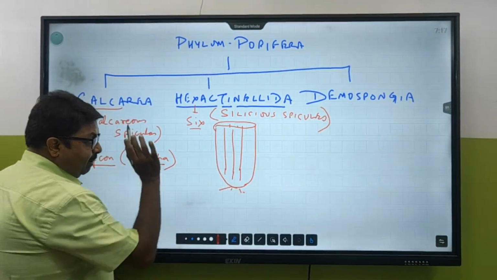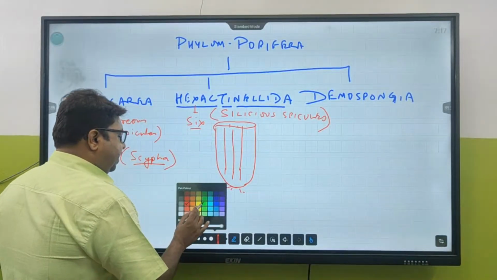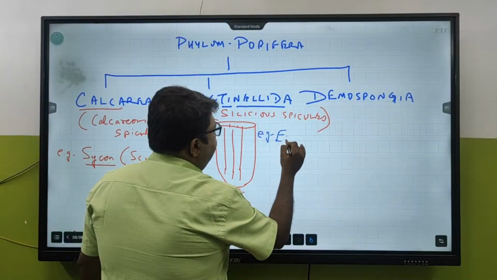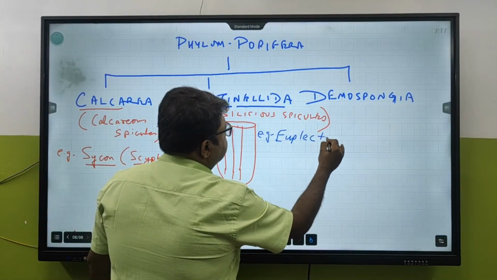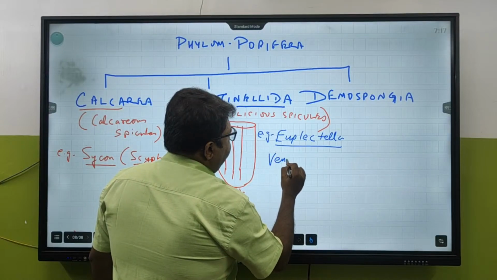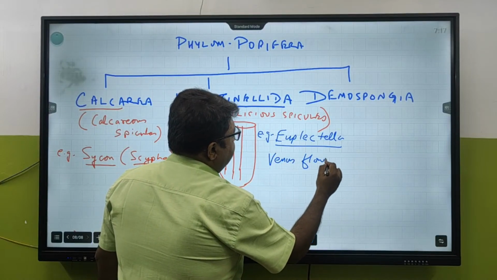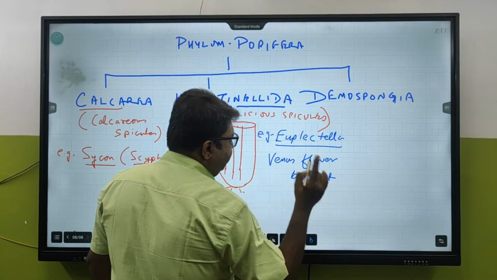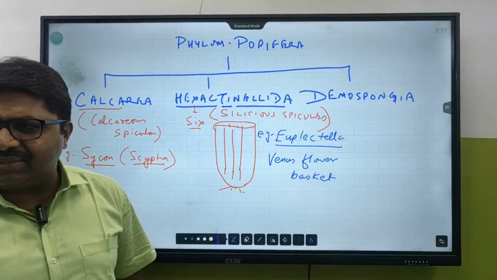The best example, mind you, the example is very important. The example is Euplectella, which is called a Venus flower basket. Venus flytrap is an insectivorous plant.